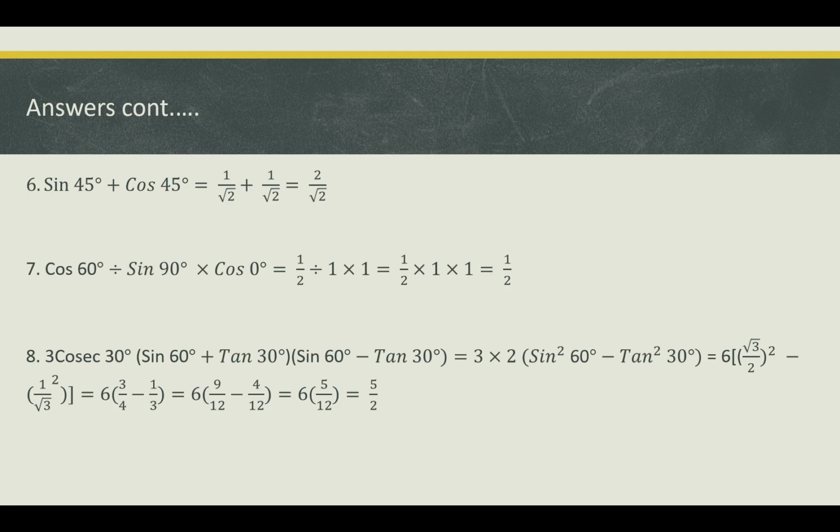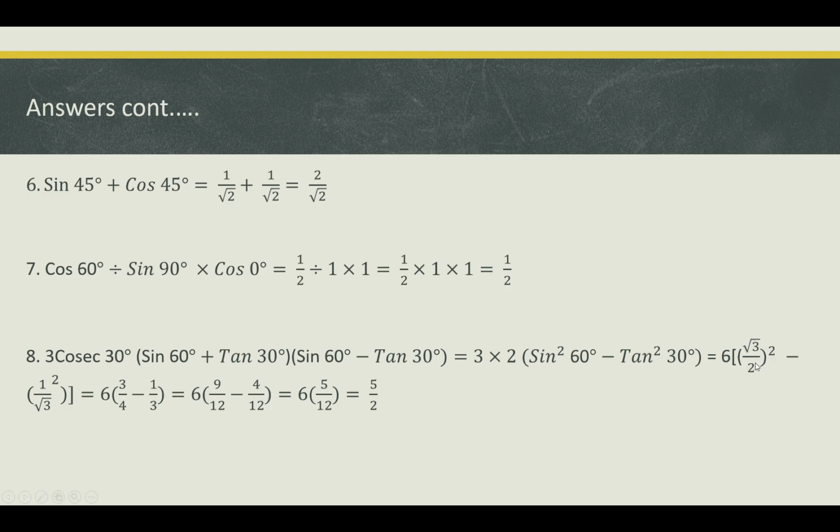And according to the a square minus b square formula, I am going to convert sine 60 plus tan 30 multiplied by sine 60 minus tan 30 into sine squared 60 minus tan squared 30. So then it simplifies into 6 multiplied by under root 3 by 2 squared minus 1 by root 3 squared.